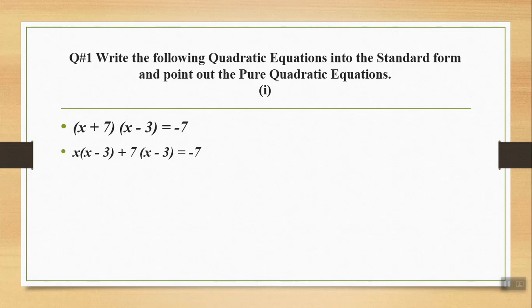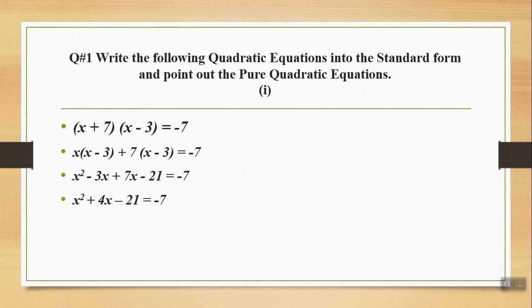So it will become x into x minus 3 plus 7 into x minus 3 equals minus 7. Now by expanding brackets, it will be x into x, x square, x into 3, 3x, plus 7x minus 7 3s are 21 equals minus 7.